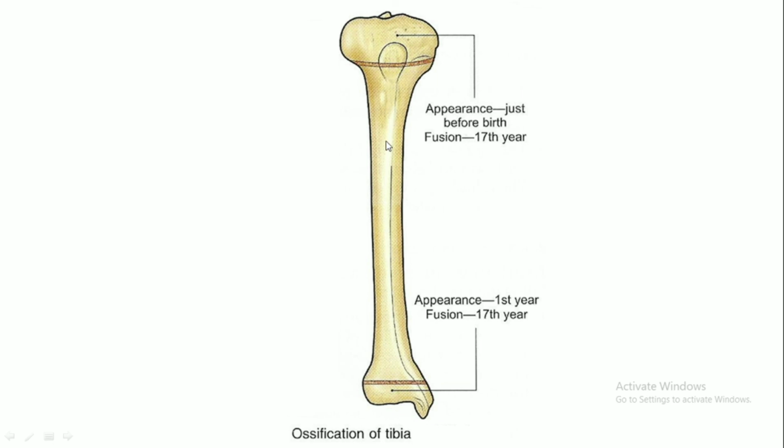And the tibia is also very much prone to fracture at the junction of the upper two-thirds and lower one-third. So that is all about the attachments over the tibia. Thank you.